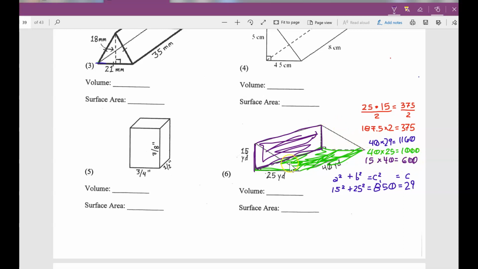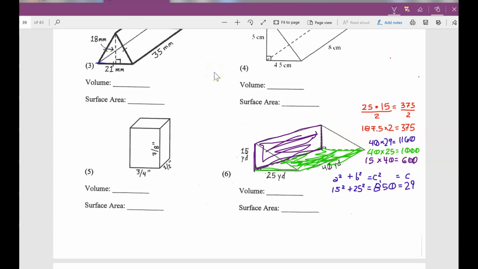Now we have accounted for the front triangle and the back triangle. That's here in red. We accounted for this slanted top part by doing the Pythagorean theorem. That's in blue. We accounted for the floor in green. That's 1,000. And we accounted for the wall in purple. That's 600.